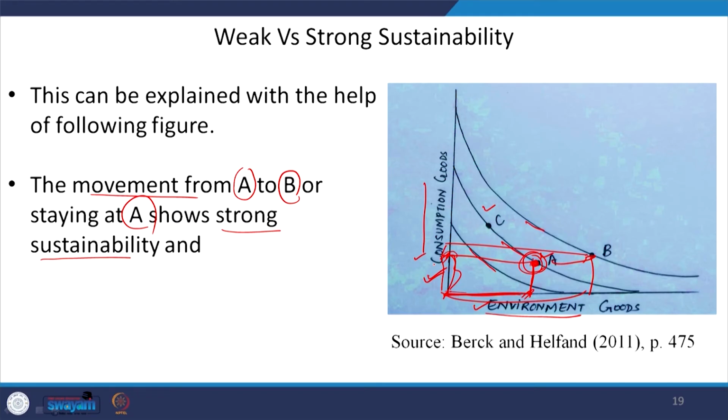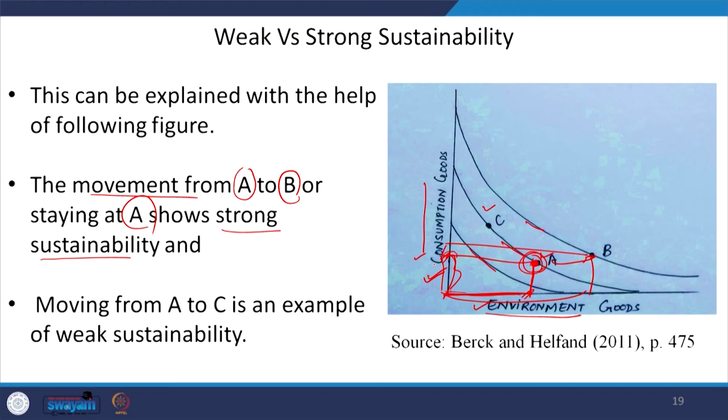But if this person is moving from A to C on the same indifference curve, as you understand, the same indifference curve means the consumer is getting the same level of satisfaction by moving from A to C, right.